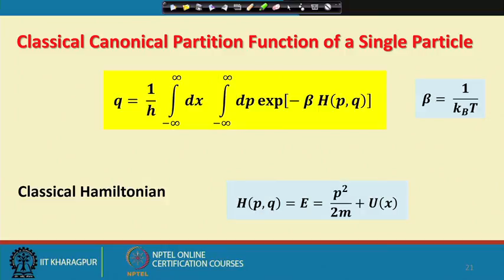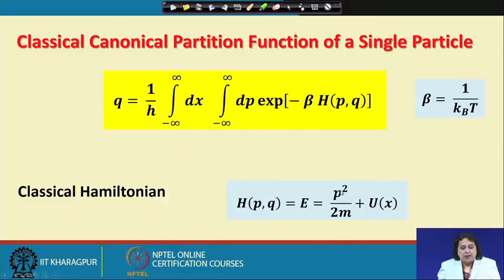So, let us quickly look up the specific form of the classical canonical partition function for a single particle, where now we have explicitly written down h as the normalization constant, which takes care of the fact that in the phase space each quantum state corresponds to that dx dp small square.